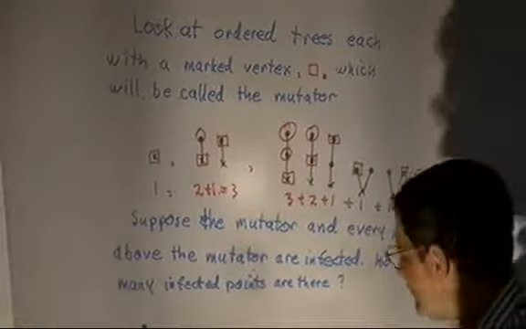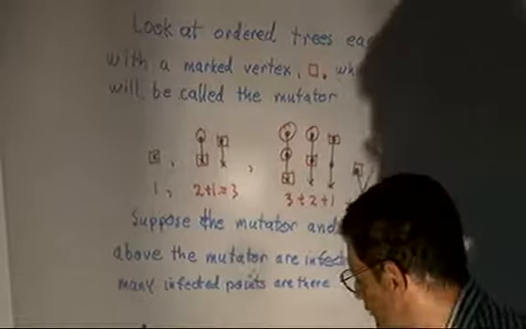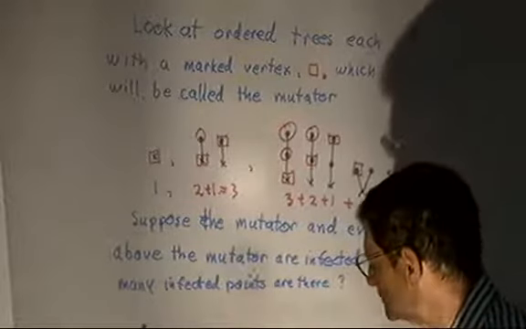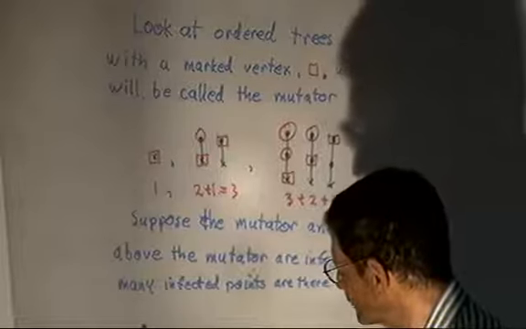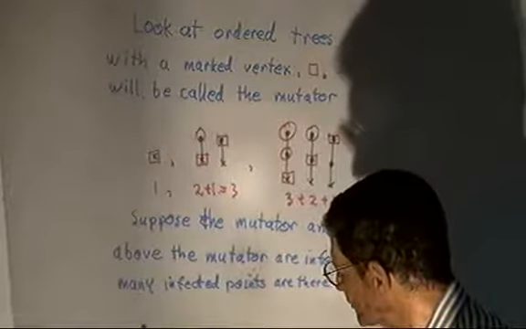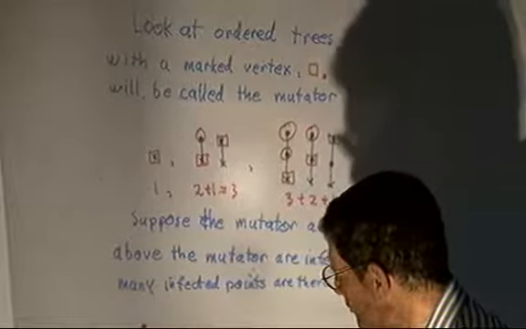If we go on to the 5 planar trees, 5 ordered trees with 3 edges, I haven't drawn them all out because it would be much too much, but you can see that if the mutator is at the base, there'll be 4 infected points. If the mutator is here, 3.